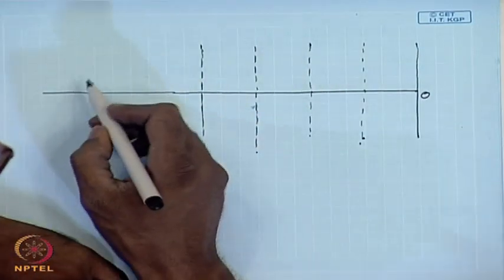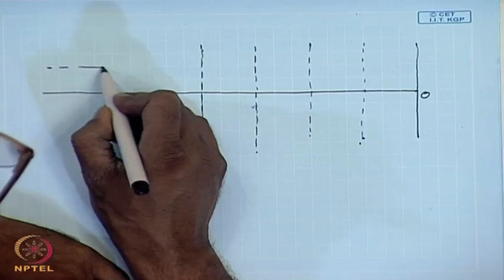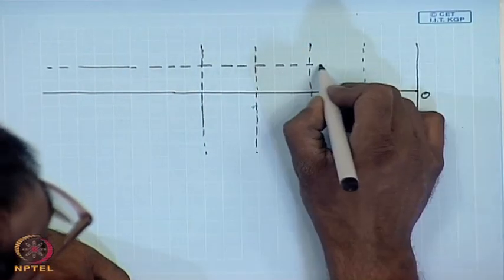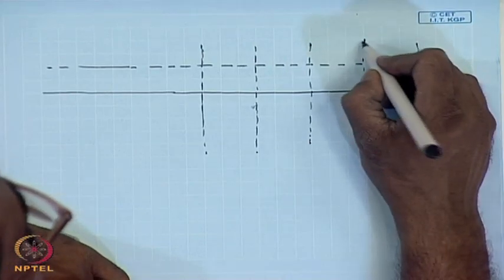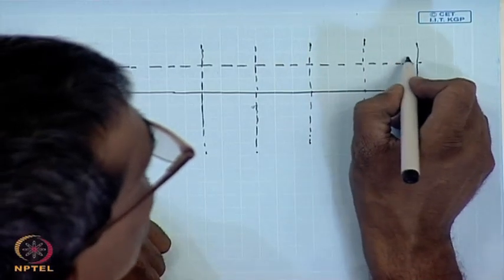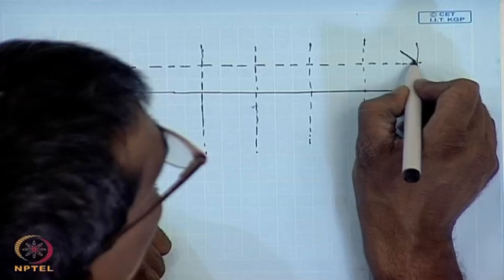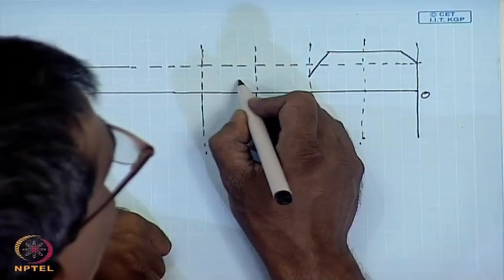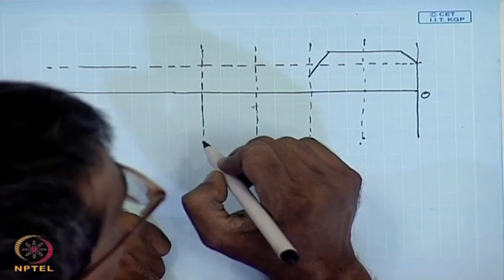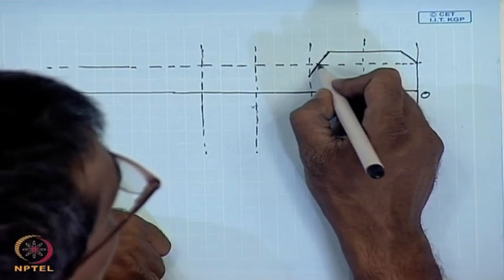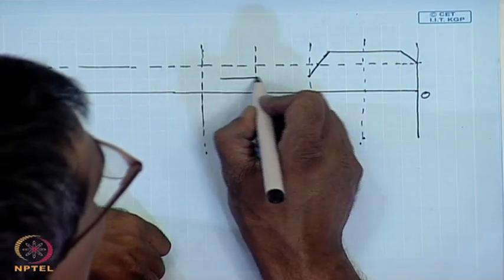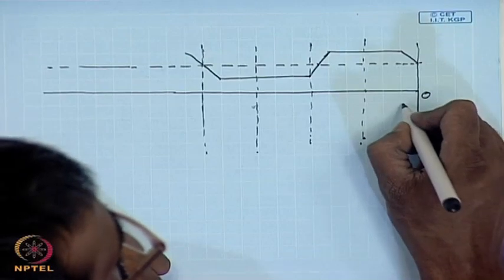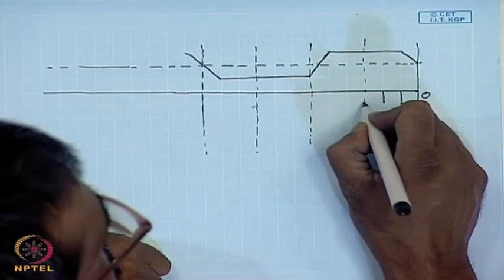The flux density waveform due to field winding we have mentioned is trapezoidal, that is of this shape. And the armature contains slots and coils in the slots in double layer.